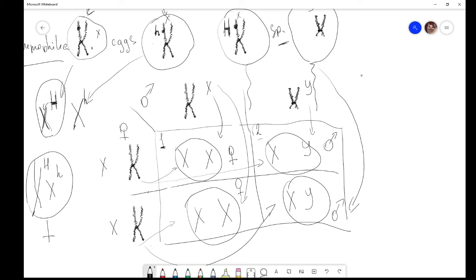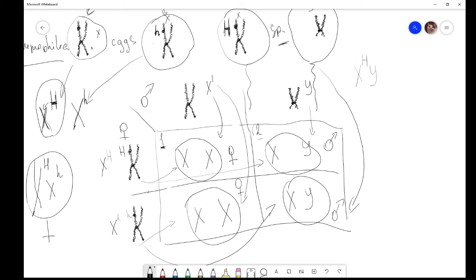And the genotype of her husband will be XY, and X will be with capital H. Here we can see this X is with capital H, with the dominant allele, and this chromosome is with the small h, the recessive gene.